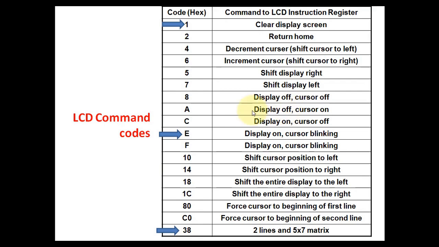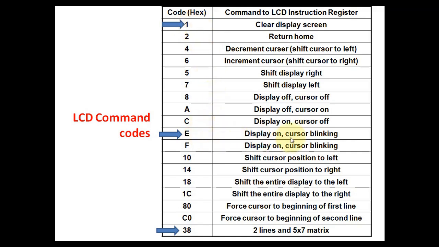Okay, now let's talk about LCD command codes. Whenever we want the LCD to perform certain tasks, we have to send a command to the command code register of the LCD. Suppose we want to clear the screen of the LCD, in that case we have to send the 01 hex value to the command code register.